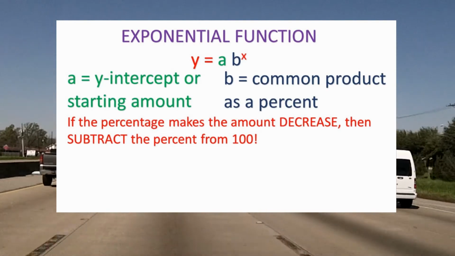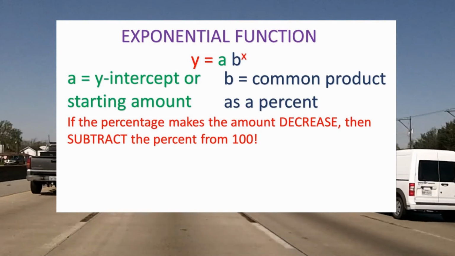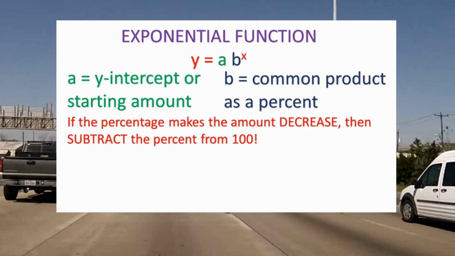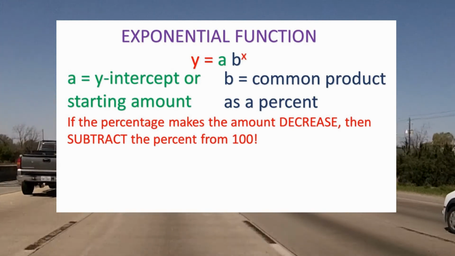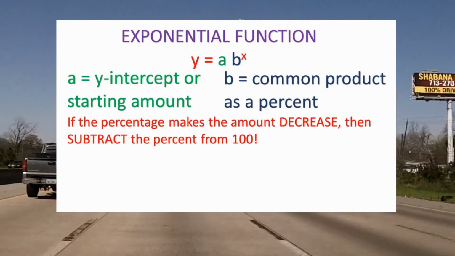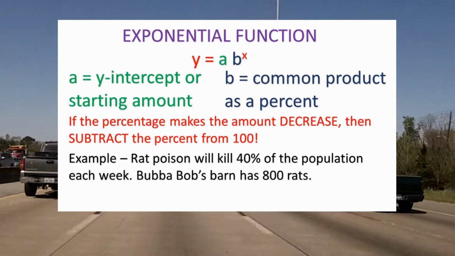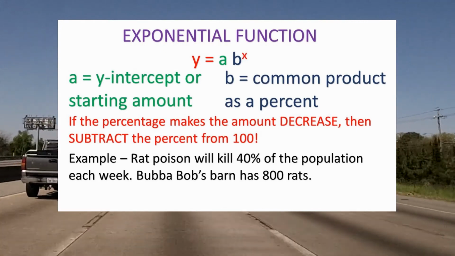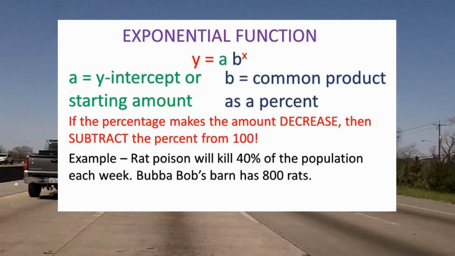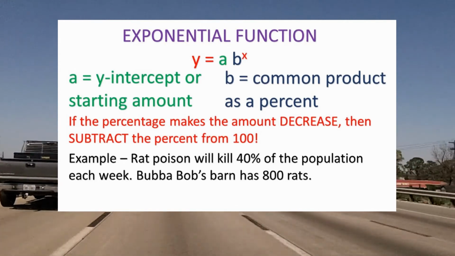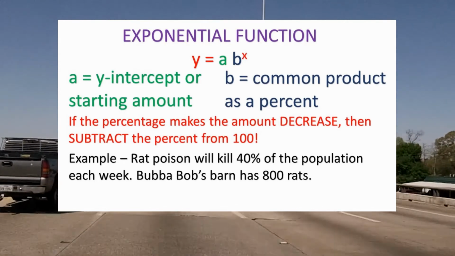In our last problem, the percentage made the problem have exponential growth. If the percentage makes the amount decrease, then you'll have exponential decay. In that instance, you'll subtract the percent from 100. For example, rat poison will kill 40% of the population each week. Bubba Bob's barn has 800 rats. In this problem, the population of the rats won't go up, it will decrease.